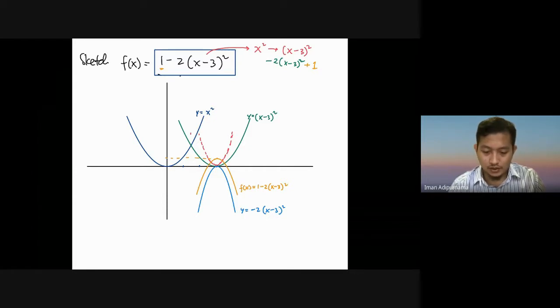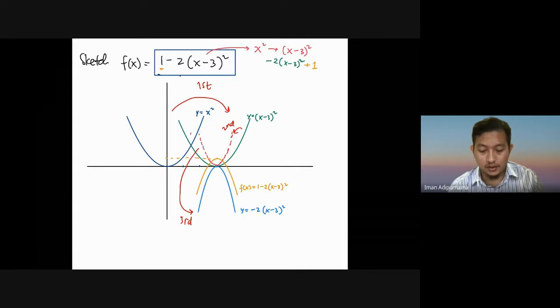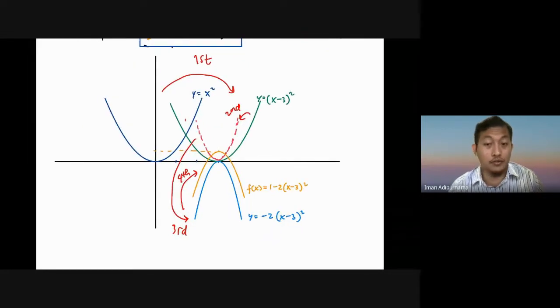So this is the first step, and then you want to make it clearly. So this is the second. You make it stretching multiplied by a constant, and then you make the third step reflecting through the x-axis, and then move forward and make it to this yellow curve as our final sketching.